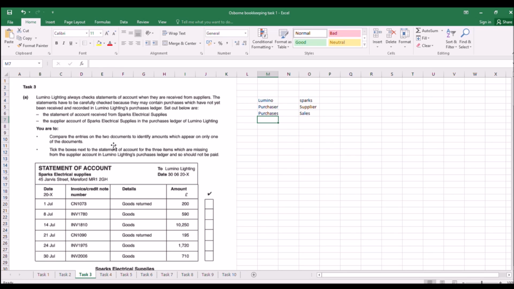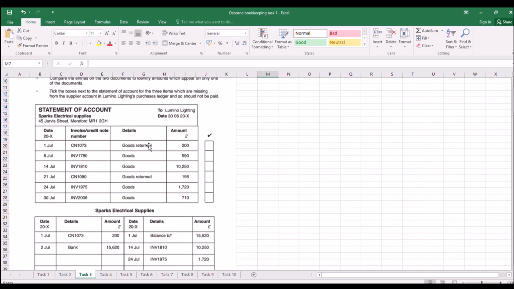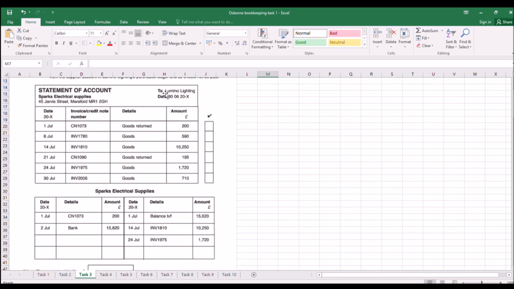Okay, compare the entries in the two documents to see which ones only appear in one. So we've got a statement of account from Sparks to Lumino. So this is the supplier. And then we've got Sparks's one in. This is going to be quite interesting.